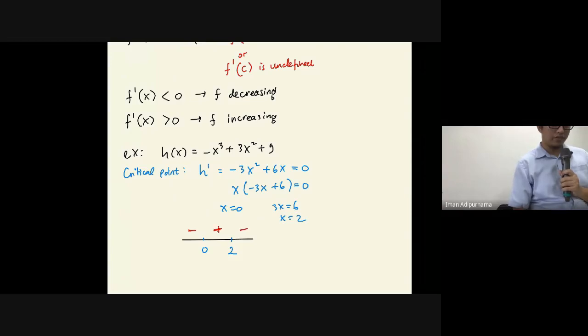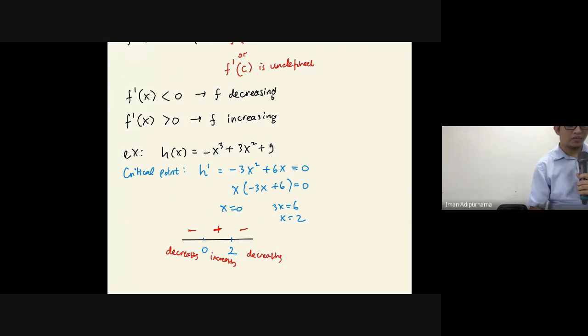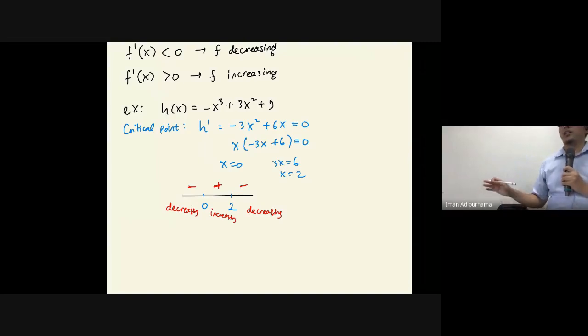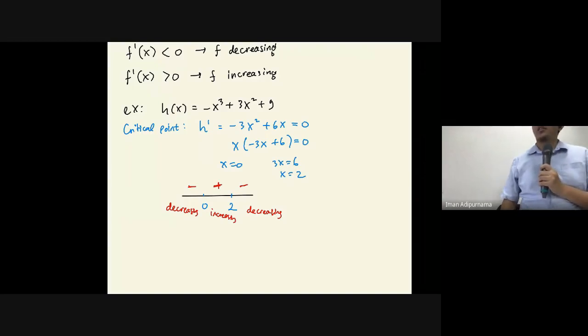This is positive. So this is decreasing, increasing, and decreasing. Sometimes the question is asking when the function is decreasing: from less than 0 it's decreasing, after 2 it's also decreasing, and between 0 and 2 it's increasing.